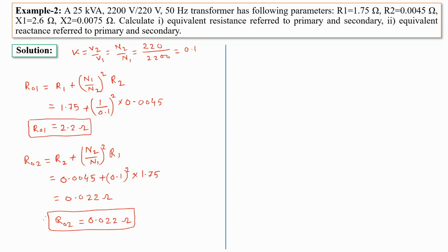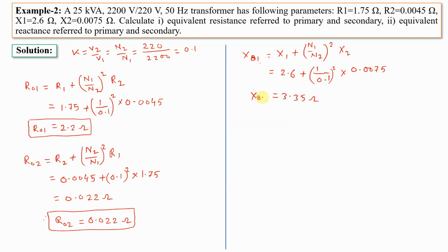Similarly, the equivalent reactance referred to primary, that is X01, will be equal to X1 plus (N1 by N2) whole square into X2, where X1 is 2.6 plus (1 upon 0.1) square into X2, that is 0.0075, and the value will be 3.35 ohms.